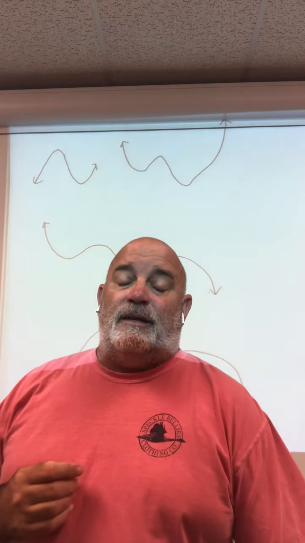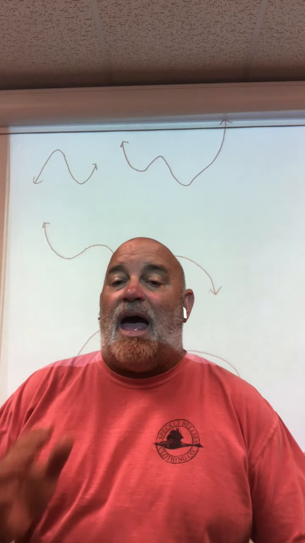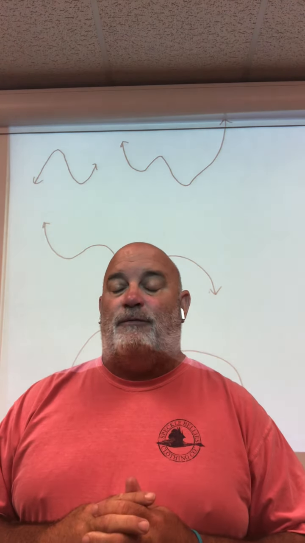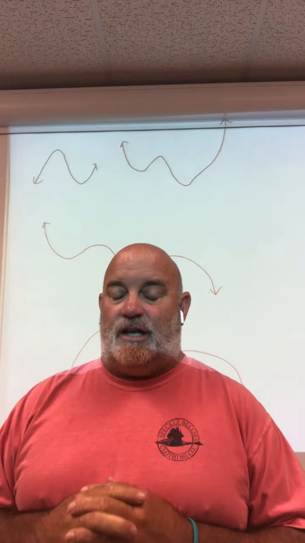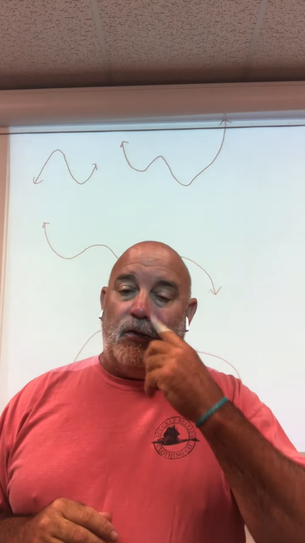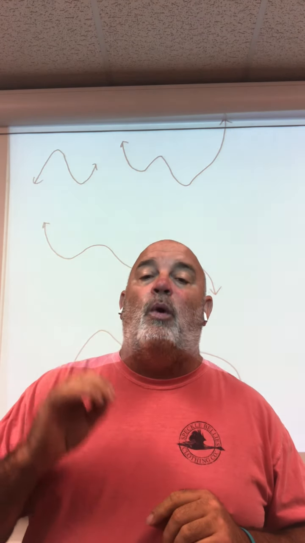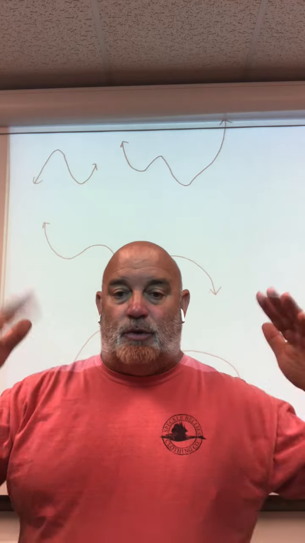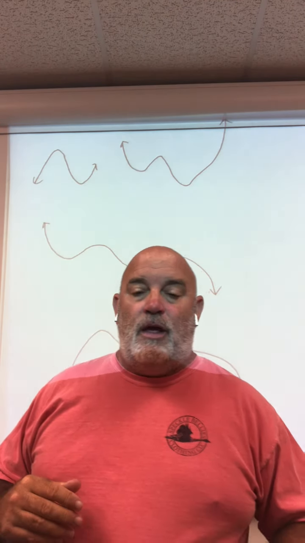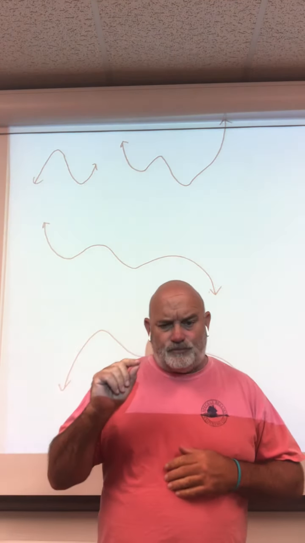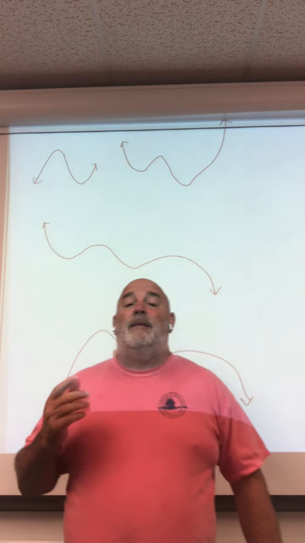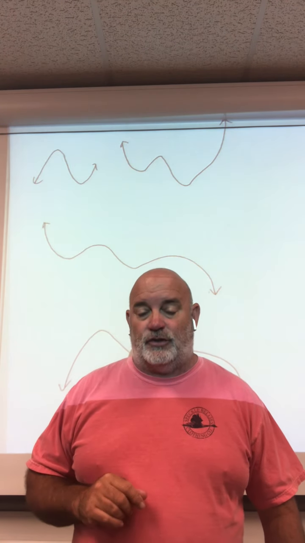Well, here's what I'm about to do. I'm about to show you how to look at the polynomial function without even touching it, and tell what the arms do, whether they go up or down. Before I show you, let me just tell you this first.